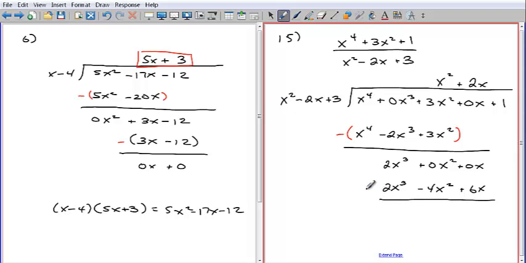Again, we're subtracting this, so that goes to 0. So you have 4 minus a minus, so that's positive, so that'll be plus 4x squared. Then we have 0 minus 6, so we get negative 6x. And we bring down the 1.